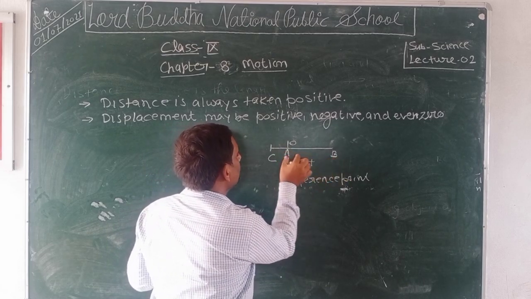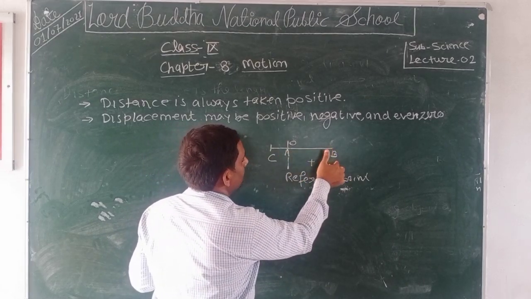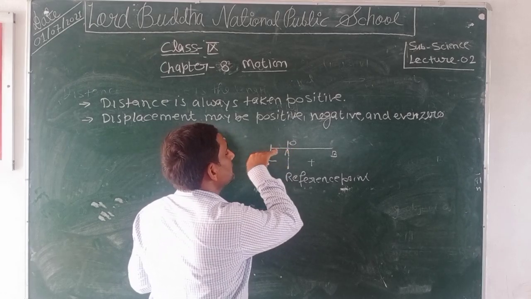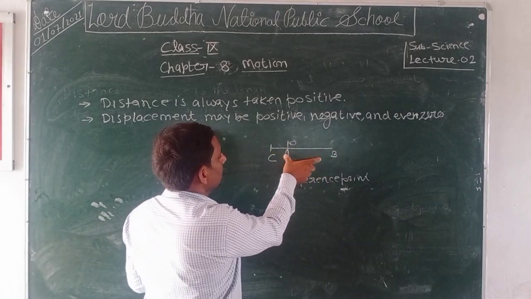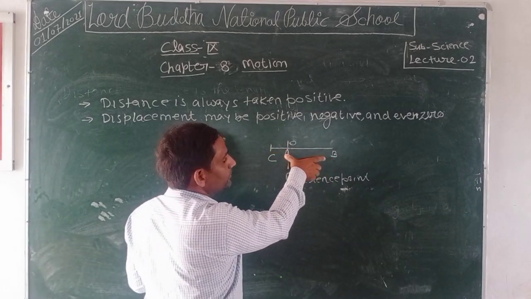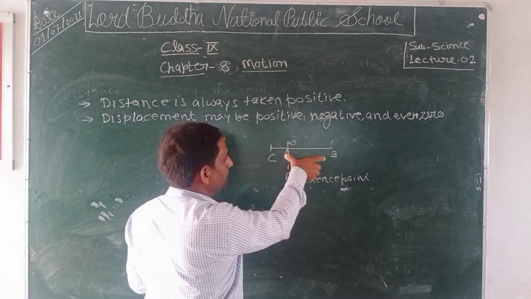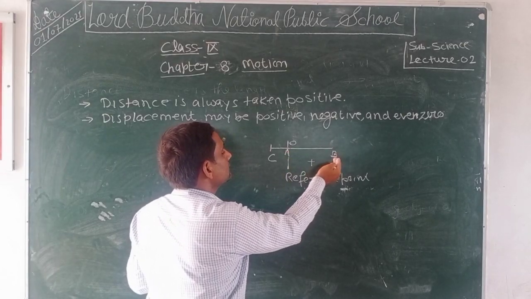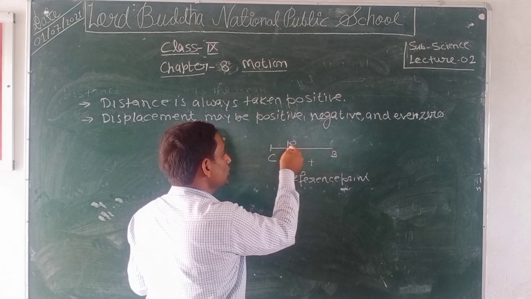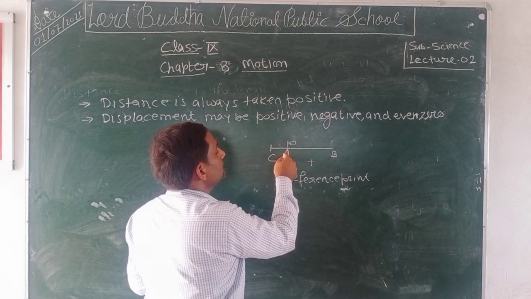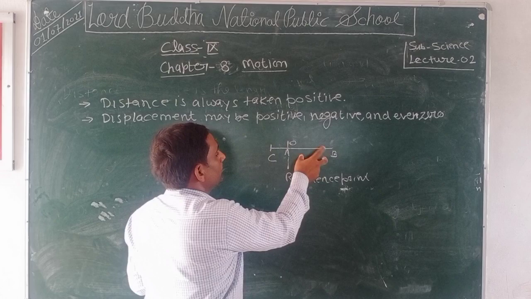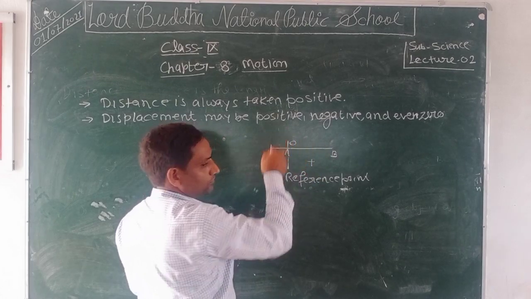From A to B, because the path is a straight line, displacement and distance will be the same in magnitude. But when the person returns to A, the distance will be 2 times AB, but the displacement will be zero.